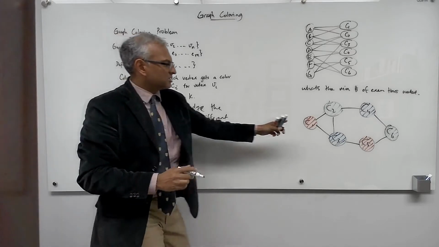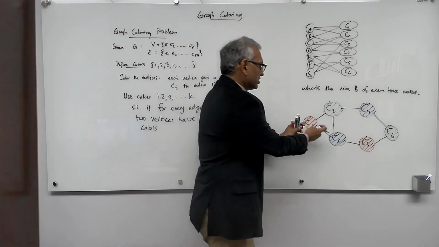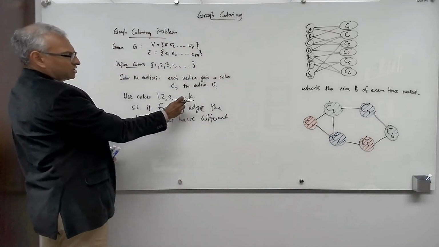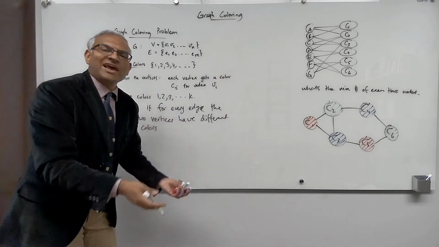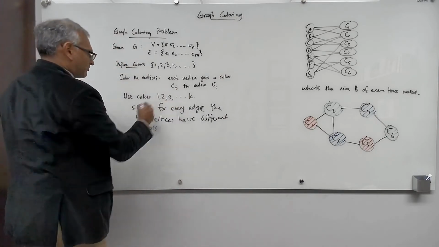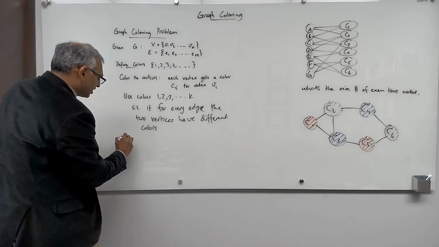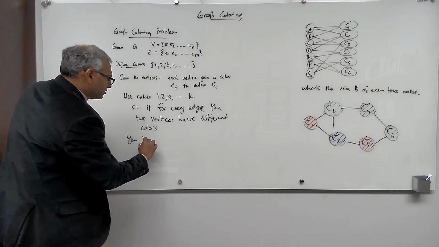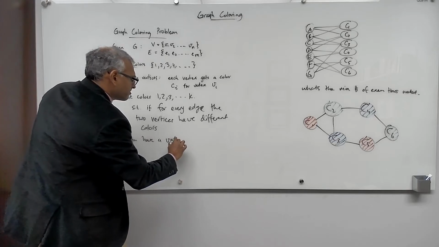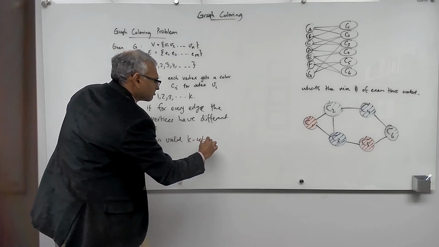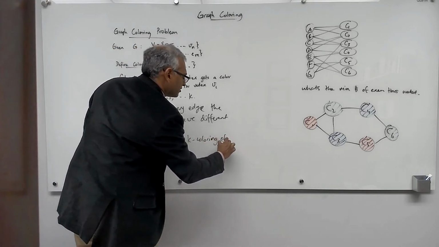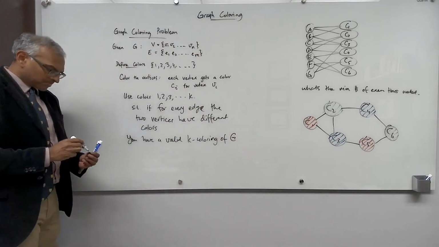So each edge is defined by two vertices, and you want those two vertices to have different colors. And if you can do this with k colors, we say that you have a valid k coloring of the graph. If you can do this with k colors, then you have a valid k coloring of the graph G. Okay, so that's it.